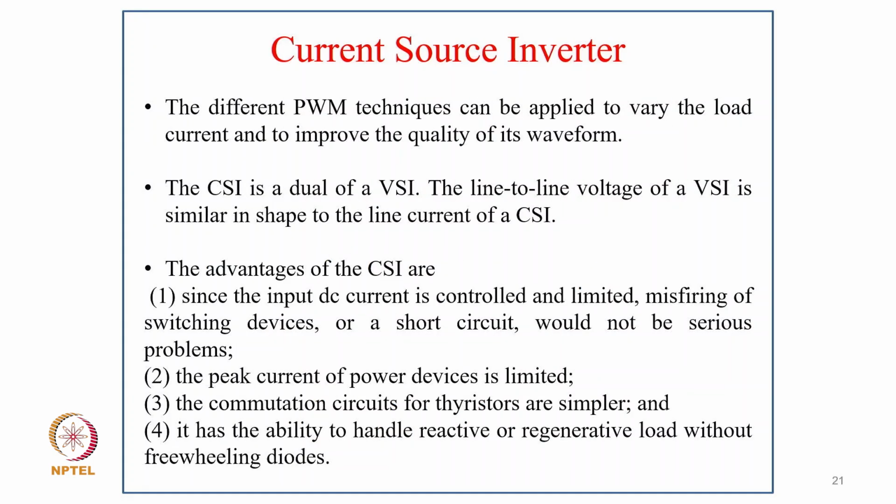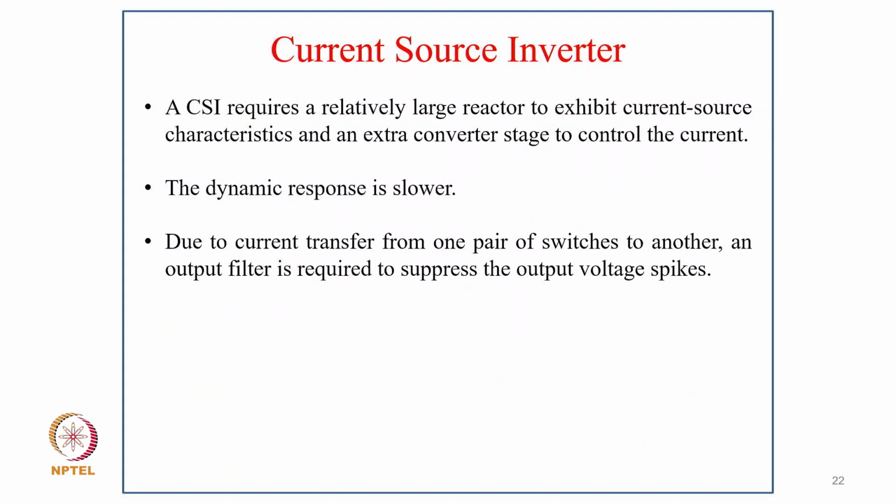So different pulse width techniques can be applied to vary the load current and to improve the quality of its waveform. So CSI is a dual of voltage source inverter. The line to line voltage of a VSI is similar in shape to the line current of CSI, and the advantage of current source inverters are, since the input DC current is controlled and limited, misfiring of the switching devices or short circuit will not be a serious problem, and the peak current of power devices is limited, and the commutation circuits for thyristors are simpler, and it has the ability to handle reactive or regenerative load without the feedback diode.